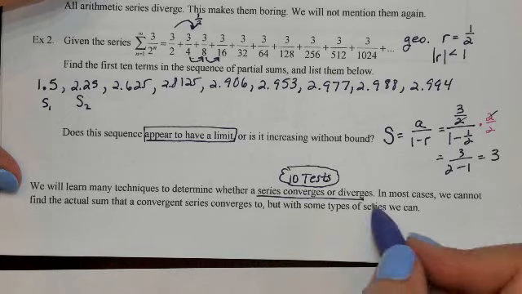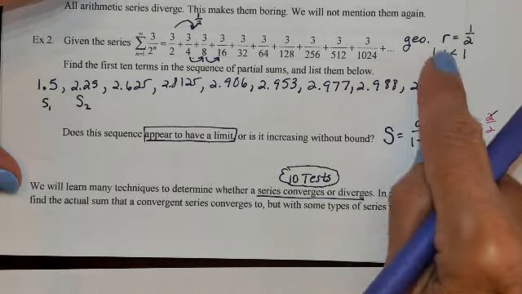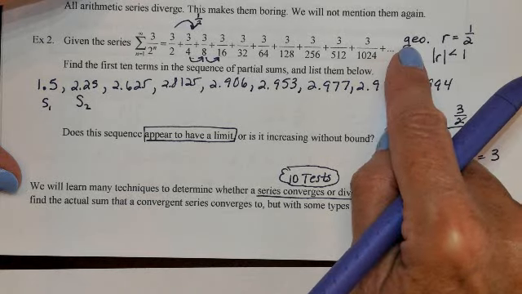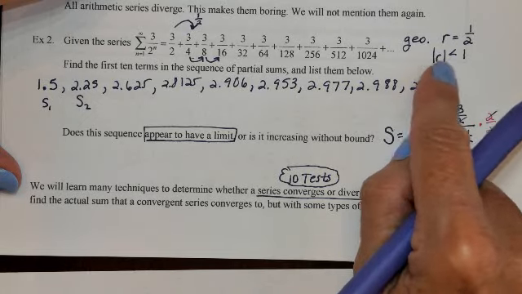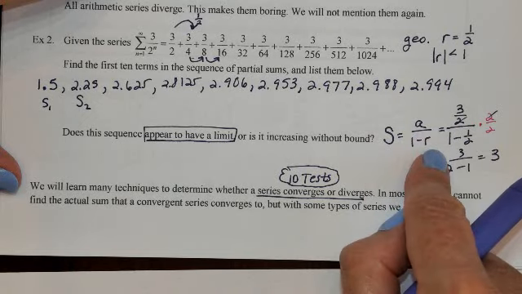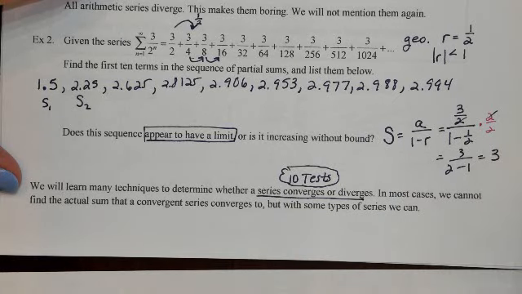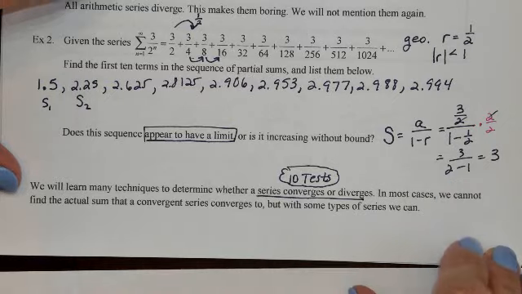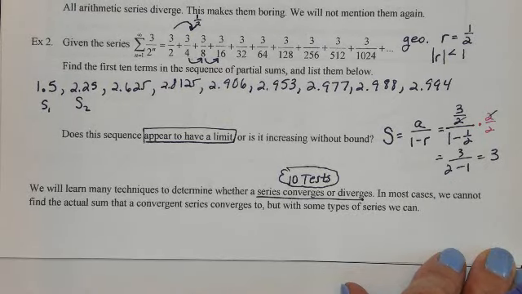Sometimes we can actually find the sum too. If it's geometric, the geometric series test is one of our 10 tests. If it's geometric and converging, then we can find the sum. So sometimes we can actually find the sum, sometimes we cannot, okay? All we're concerned about is determining, does the series converge or diverge?